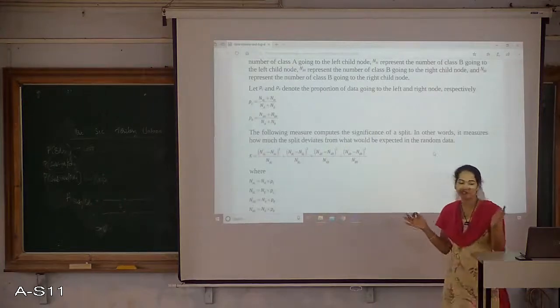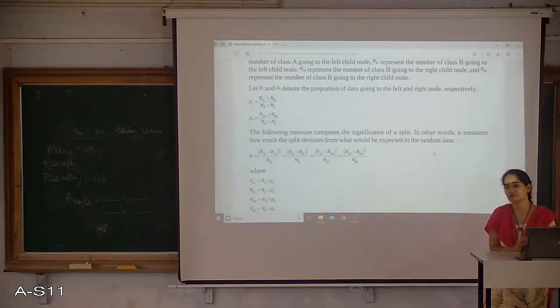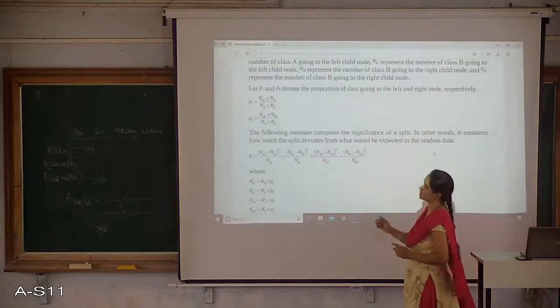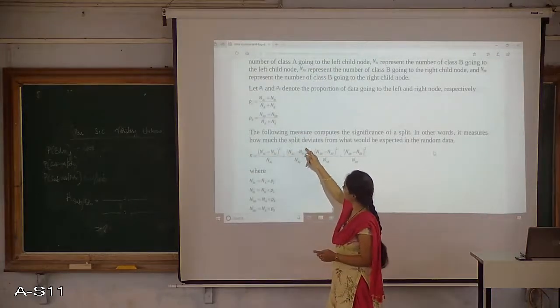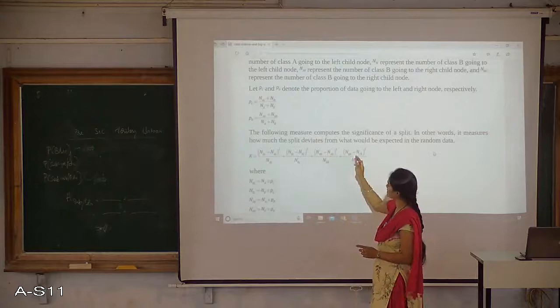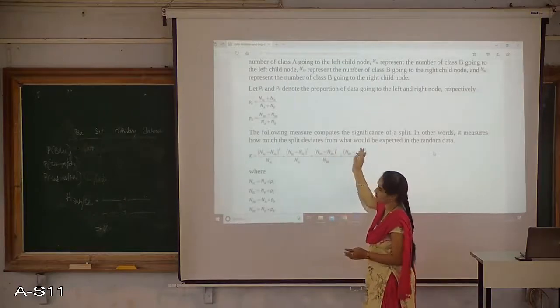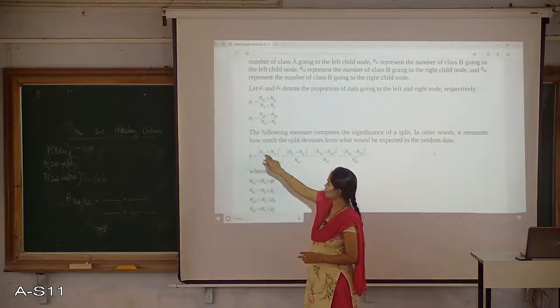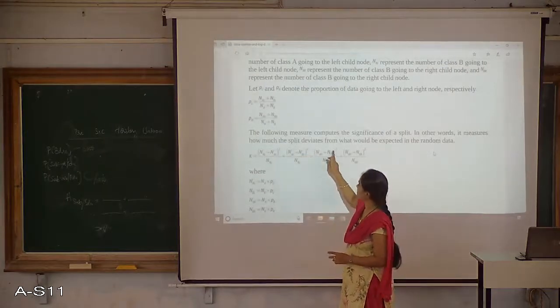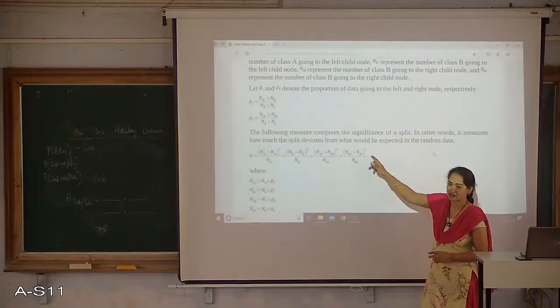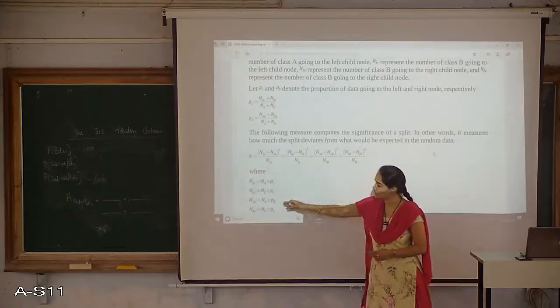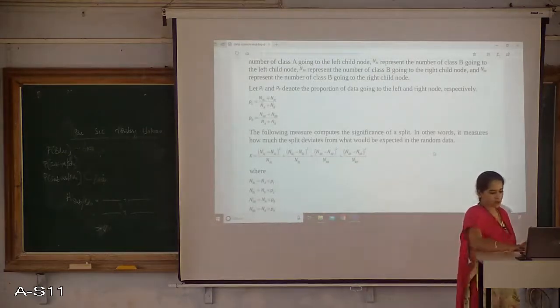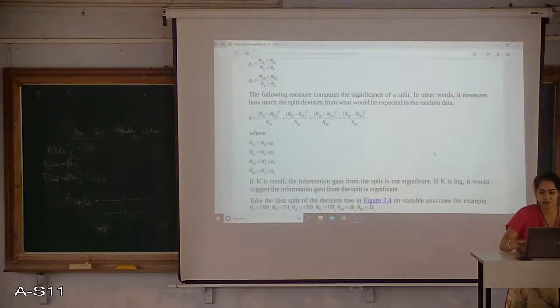Out of these cases, only these many are coming towards the left. What is the error I am getting for that? Similarly for B, similarly for towards the right, A, B. Okay? Left A, left B, right A, right B. Okay? So with this calculation, I am going to get a K value.